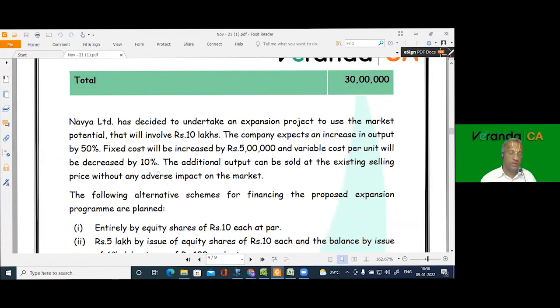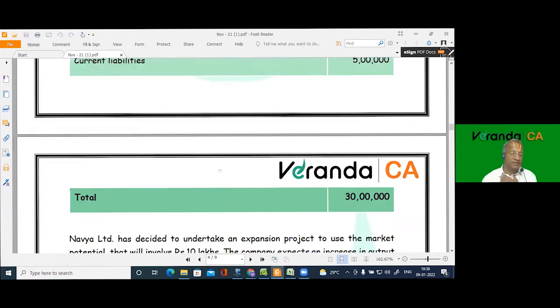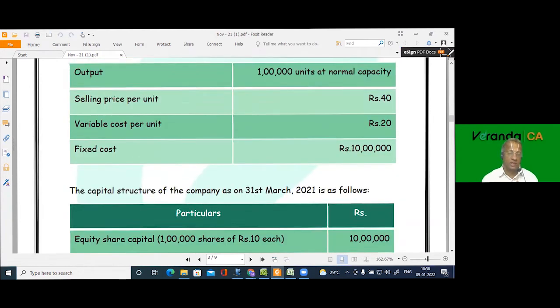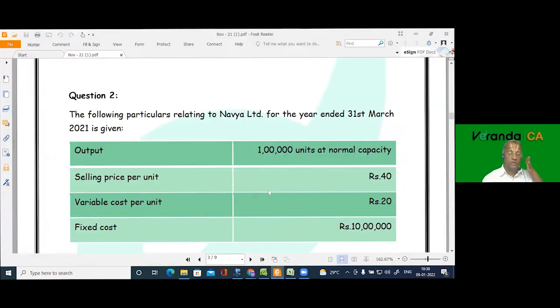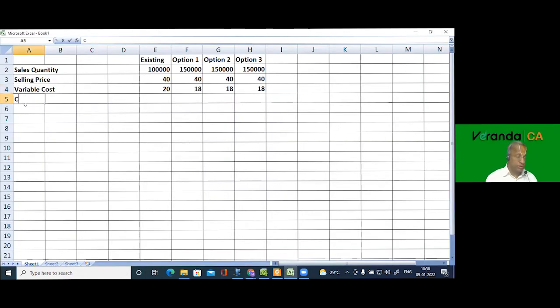Variable cost will be decreased by 10%. So this is going to be 90% of the previous one. Correct? So that we have just got. Then contribution per unit.